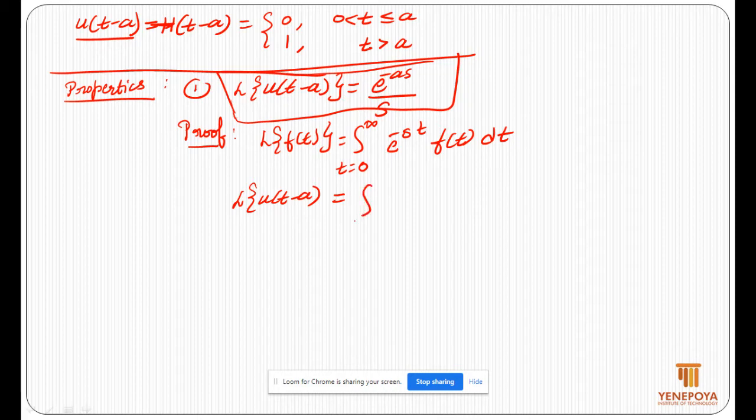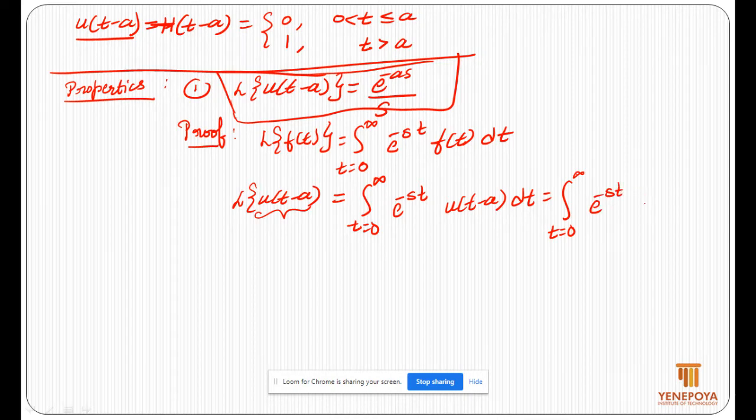Integration from t equals 0 to infinity of e power minus st times f of t, which is u of t minus a, dt. There are two ranges: 0 to a, and a to infinity.